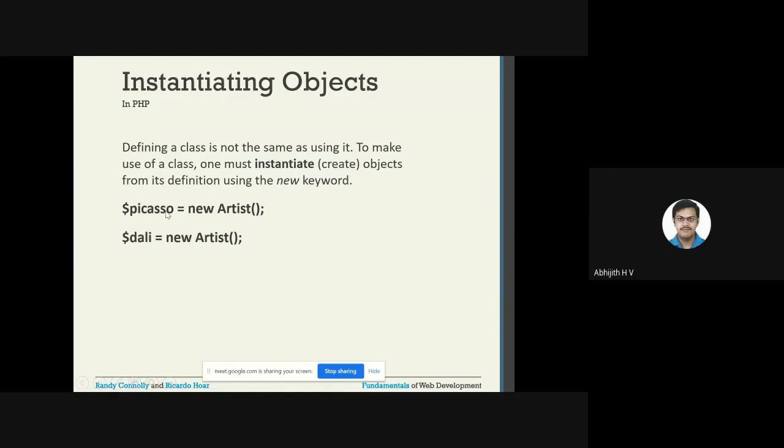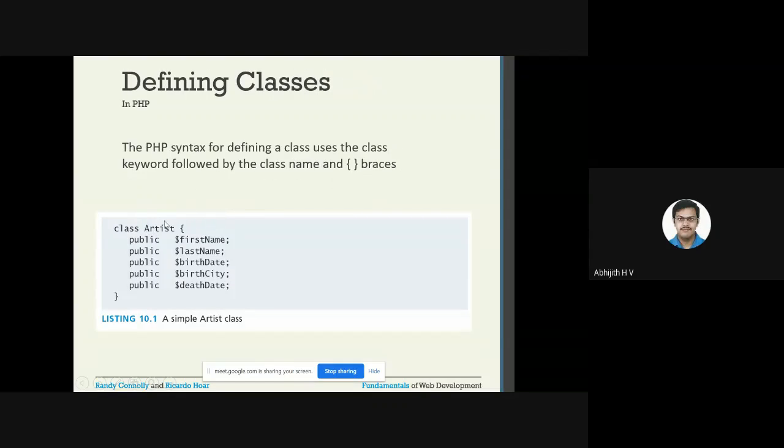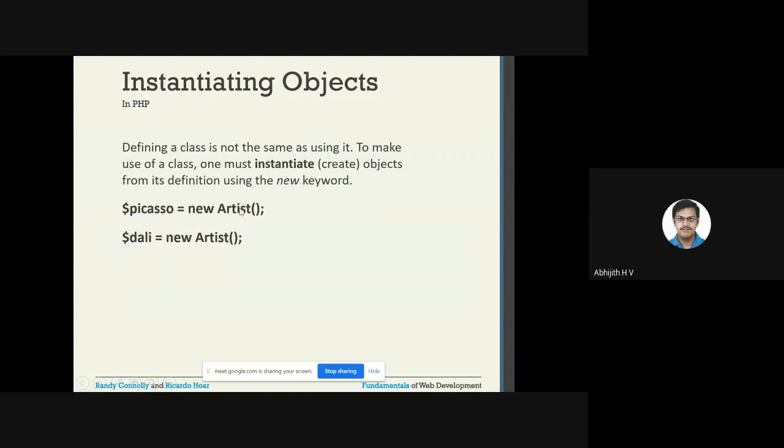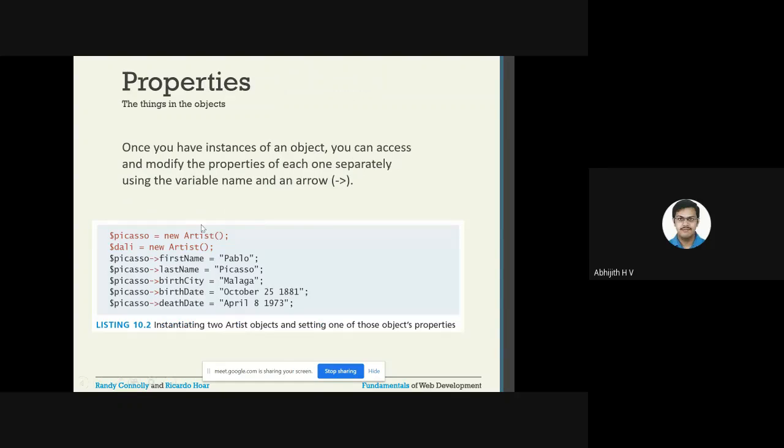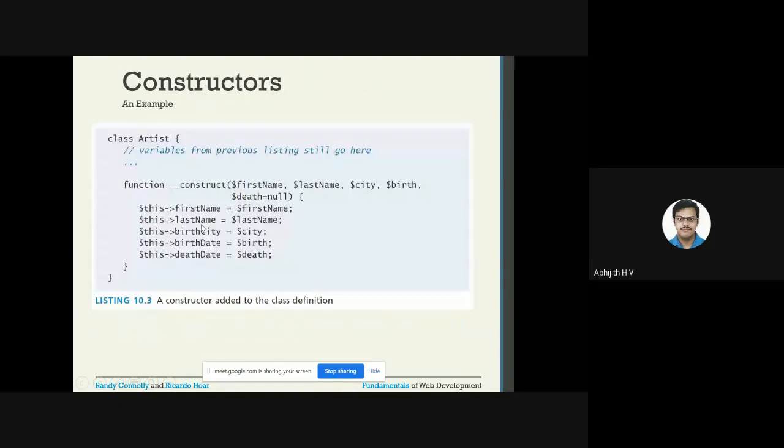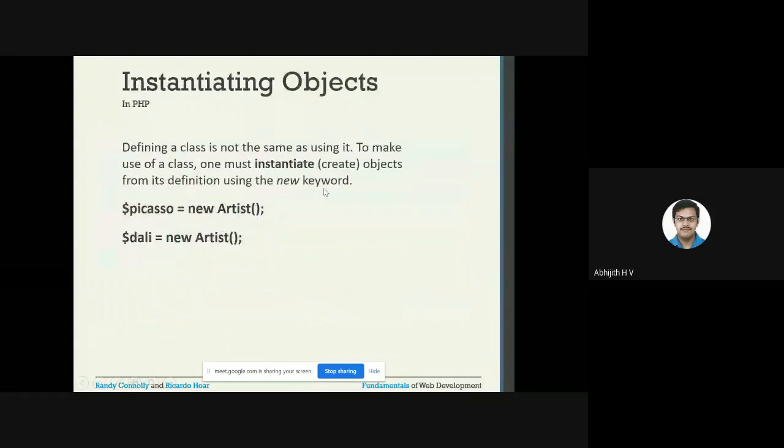You can give anything. So $picasso, he is one of the artists, equals new followed by the class constructor. The constructor here is the class name, followed by the brackets. We call this the default constructor. You can also pass values to this constructor, we'll see that soon. Then it becomes a parameterized constructor.